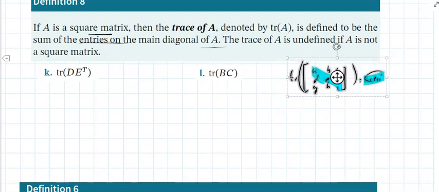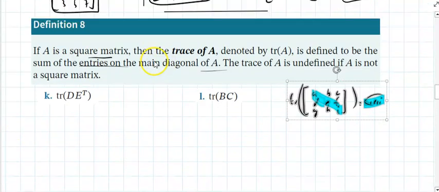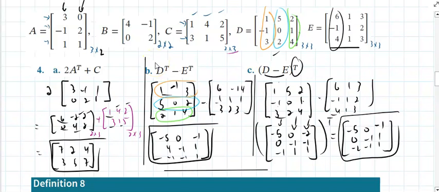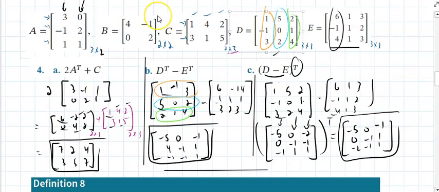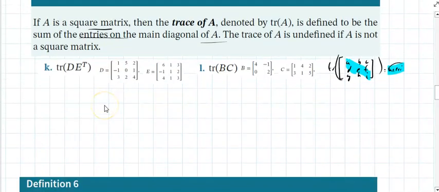So I want to find the trace of DE. Let me figure out what that is. Well, DE, what's D? D was, let me copy that. And I just copied those. Here we're going to learn how to multiply according to the theorem.